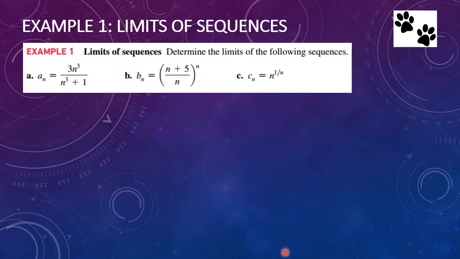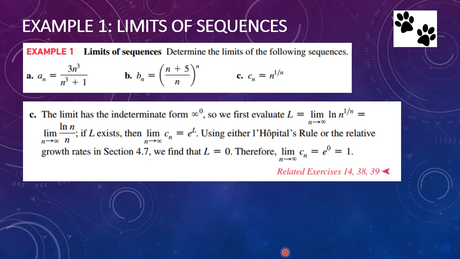All right, and our last problem, C, the limit has the indeterminate form of infinity to the 0. The limit as n goes to infinity is infinity to the power of 1 over infinity, or infinity to the power of 0. So we first evaluate the limit as n goes to infinity of the natural log of n to the 1 over n.